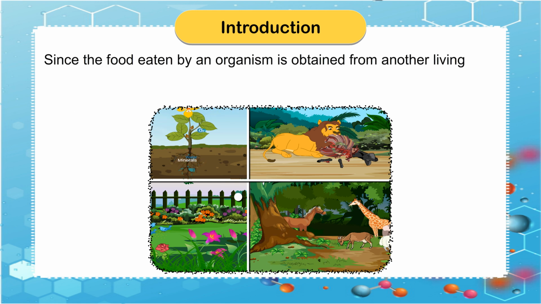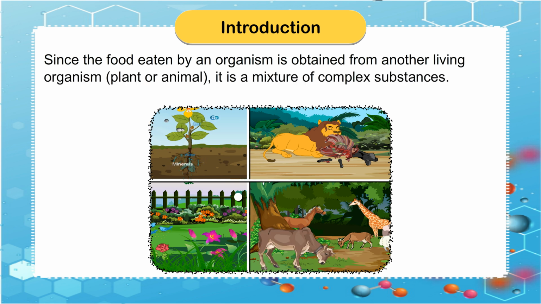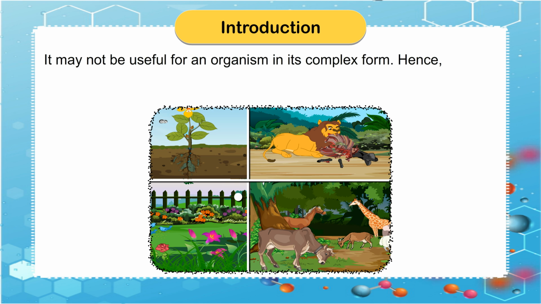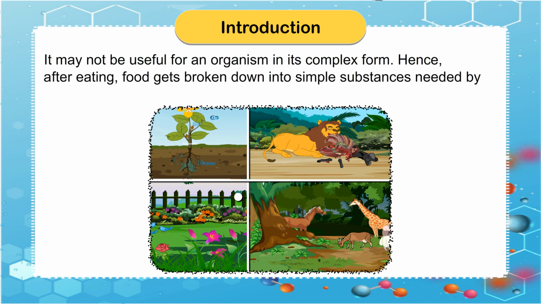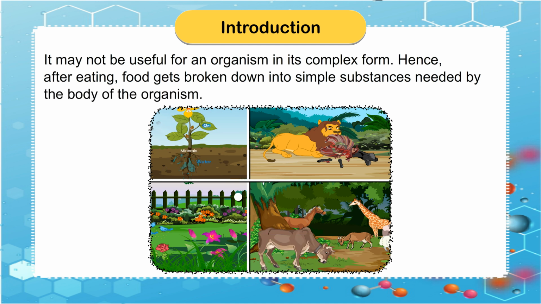Since the food eaten by an organism is obtained from another living organism, plant or animal, it is a mixture of complex substances. It may not be useful for an organism in its complex form. Hence, after eating, food gets broken down into simple substances needed by the body of the organism.